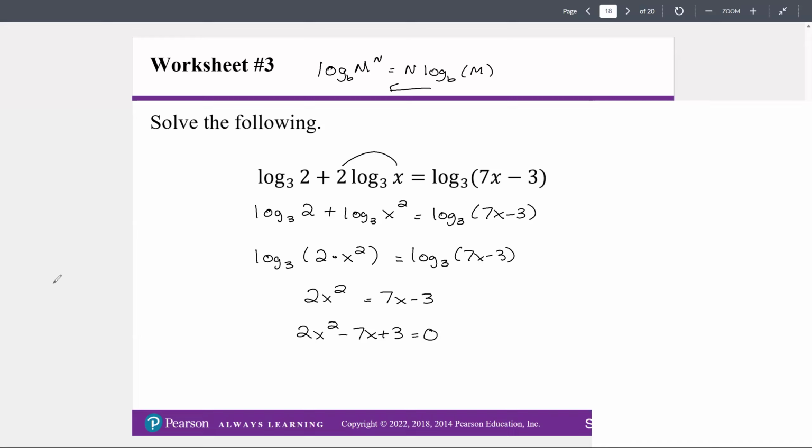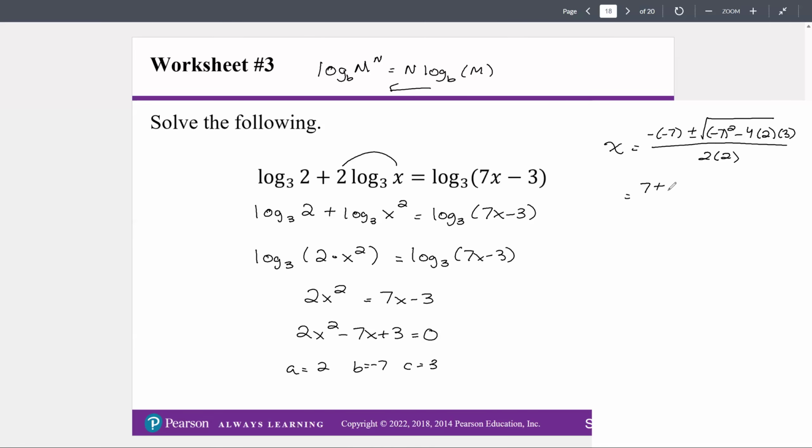We have a quadratic that we need to solve to find our potential answers. So a is 2, b is negative 7, and c is 3. If you use the quadratic formula, x is equal to negative b, so negative 7, plus or minus the square root of b squared, so negative 7 squared, minus 4 times a, which is the 2, and c, which is 3, divided by 2a, which is 2 times 2.